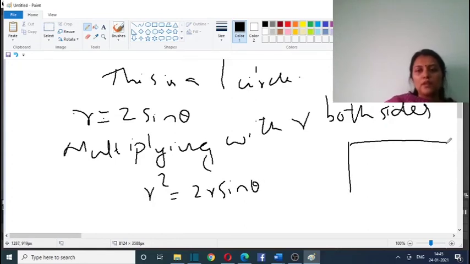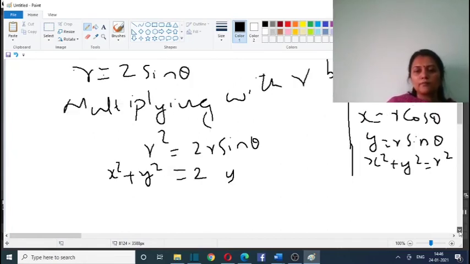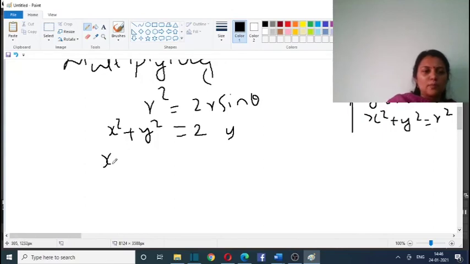So here we change to Cartesian coordinates. We substitute x equal to r cos theta, y equal to r sin theta, and x square plus y square is equal to r square. So r square is x square plus y square, and 2 into r sin theta is 2y. That is x square plus y square minus 2y equal to 0.